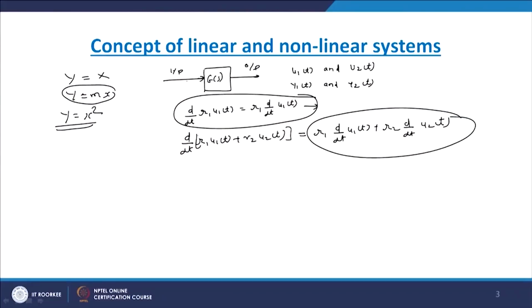Another point is that, suppose you apply an input to the system, let us say a step input. Definitely we get some output. Now, if you change the magnitude of this input, the system which is stable for one particular step input magnitude becomes unstable with a slight change of the magnitude.